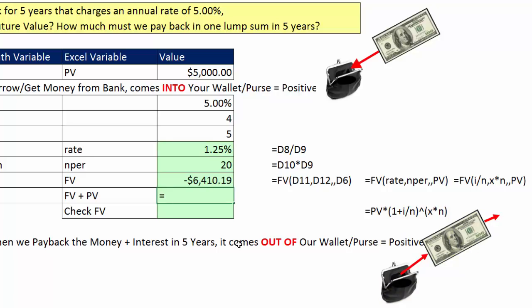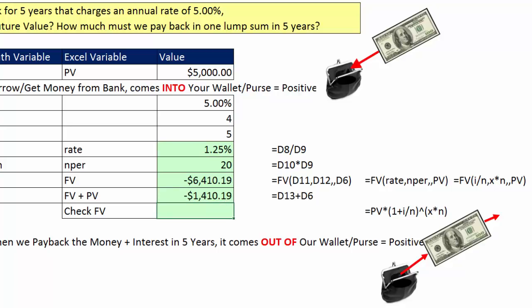Now, to calculate total interest paid, I'm going to take the full minus amount. That's the amount coming out of our pocket. And I'm going to add the amount that we got at time 0. When I hit enter, that's a subtraction because that's the amount of interest coming out of our pocket. That's the amount of interest we paid in total on this debt.